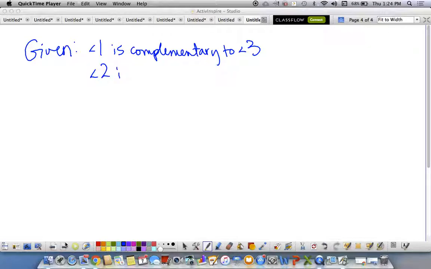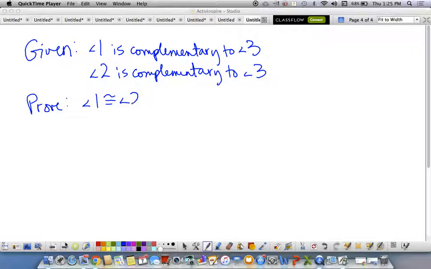Angle 2 is complementary to angle 3. I want you to prove to me that angle 1 is congruent to angle 2.